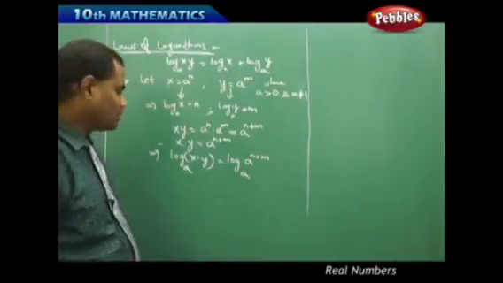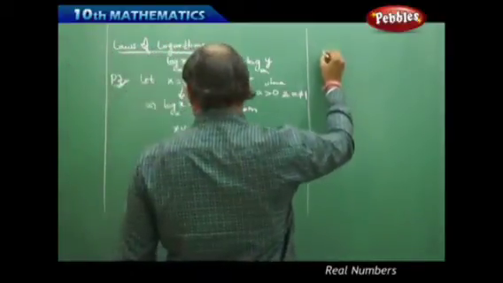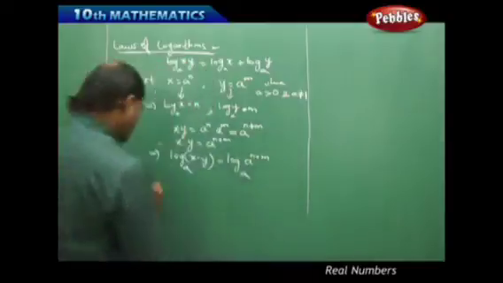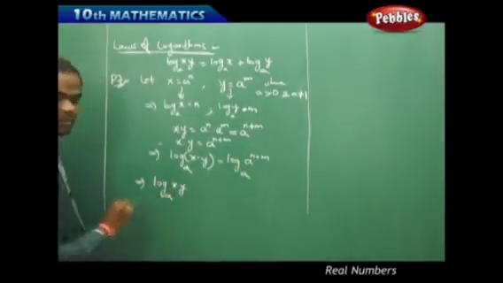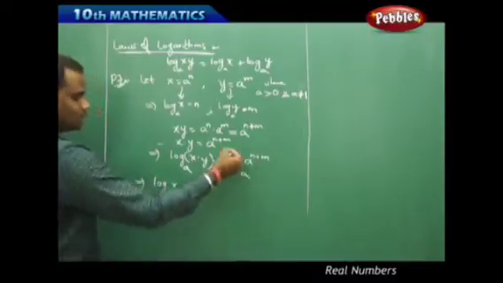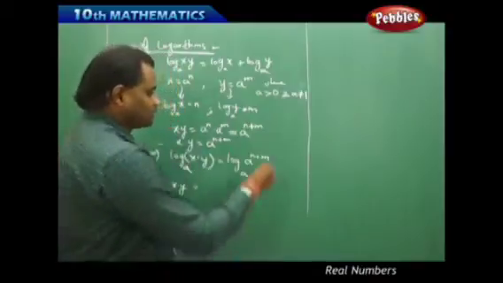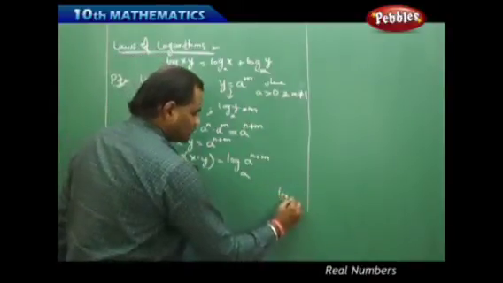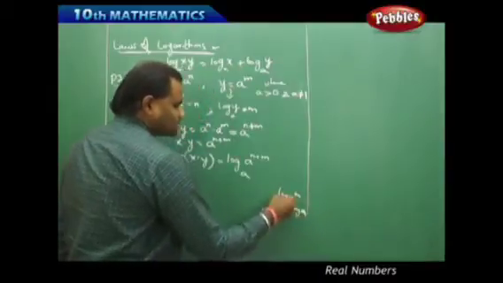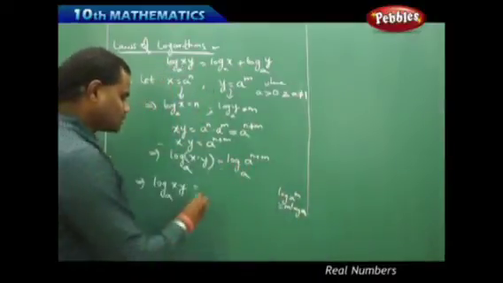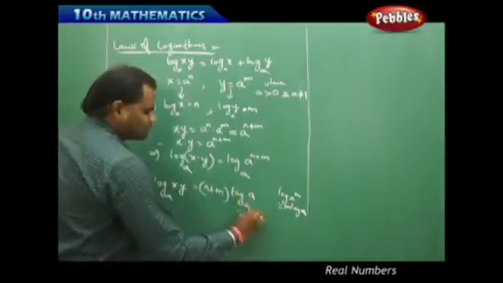Now after I apply the log on both sides, I can simplify this further. Log xy to the base a is nothing but this comes out, because we know that log a power m is m log a, the formula which says that the power comes outside the log. So using that, I get n plus m times log a to the base a.